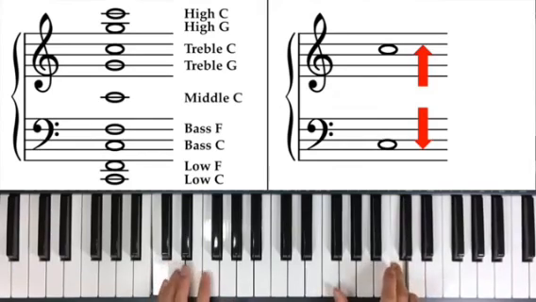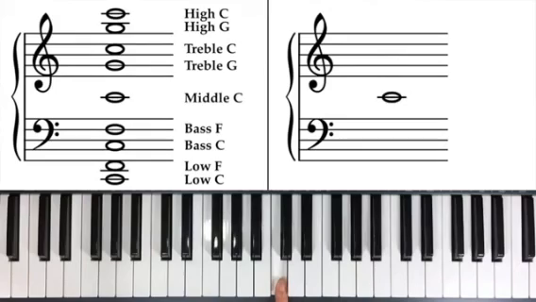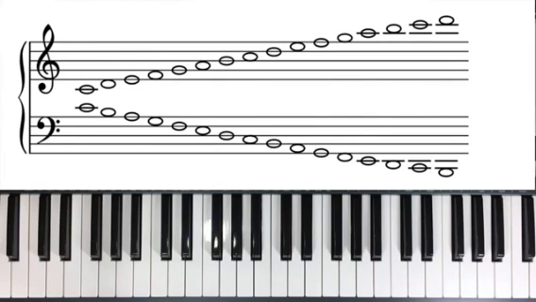And then from there, you have your treble G, which is 2 lines from the bottom, and you have your bass F, which is 2 lines from the top. And then right in the middle, you have your middle C, which looks very similar in the treble and the bass clef. And because now you know the line and space relationships, you can figure out the notes around these landmarks very easily. And if you memorize these 9 landmarks, you'll have access to all these notes.